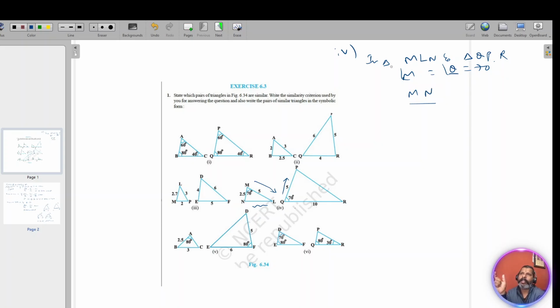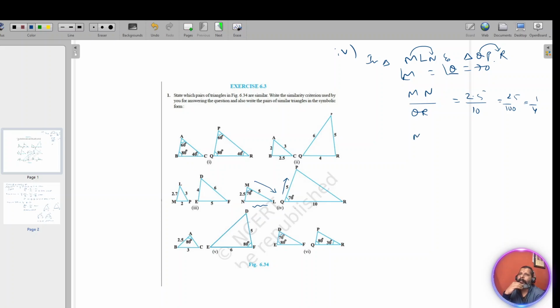So you take QR. MN is what? 2.5. QR is what? 10. So 2.5 by 10 means 25 by 100. It is 1 by 4. Why? 2.5 means 25 by 10. That 10 comes to the denominator and becomes 100.